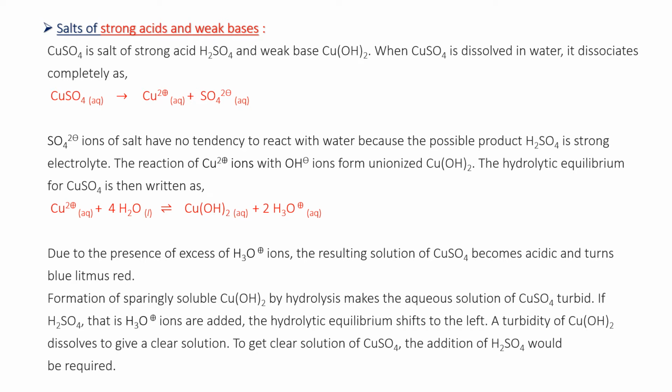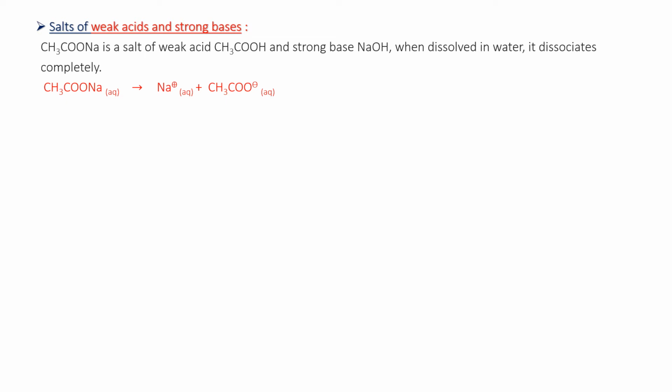Now we see the next type of salt, that is the salt of a weak acid and a strong base. In the case of the salt of a strong acid and a weak base, we get an acidic solution. Now we have to see, in the salt of a weak acid and a strong base, what is the nature of our solution. For this, we take an example of sodium acetate.